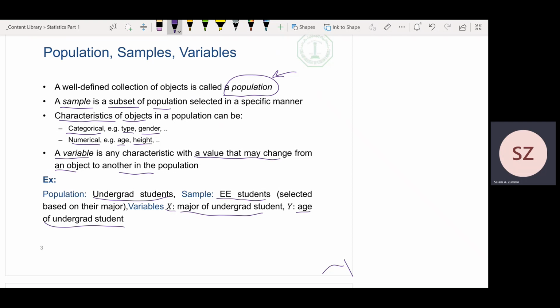Instead of everyone, I can use only 100 students and calculate the average GPA. This average will not be the average of the population; it will be an estimate. Is the difference clear? The true average is the average of the whole population, which in many cases we don't have access to. An estimate of the average is the average of the sample that we have taken.